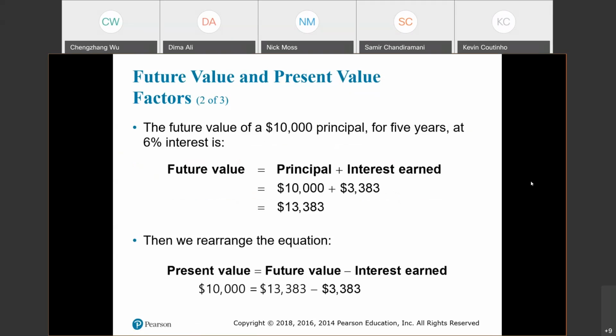So let's take a look at this example. If we invest $10,000 today, its present value is simply $10,000.